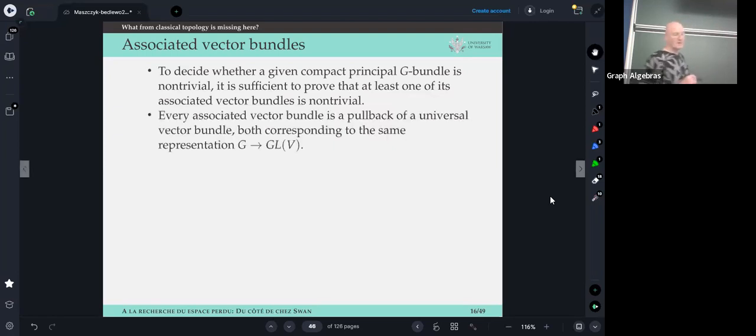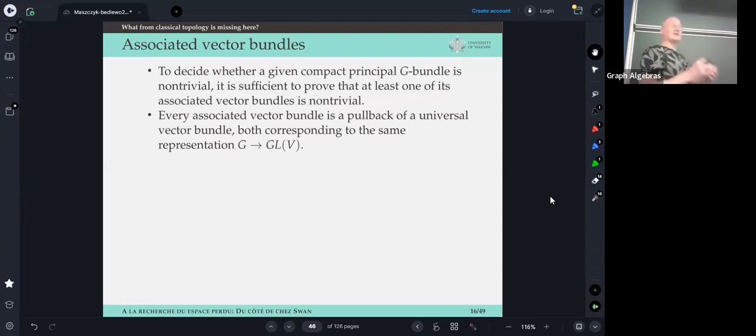Okay. What about these associated vector bundles? They have the following property. They all are pullbacks of some universal construction. It's a universal vector bundle which lives on some universal base of some universal principal G bundle.